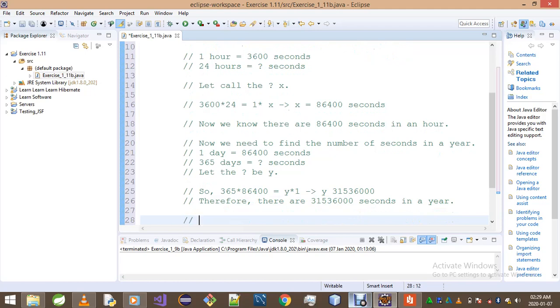Now we must get the number of people that died in a year. I mean each year.